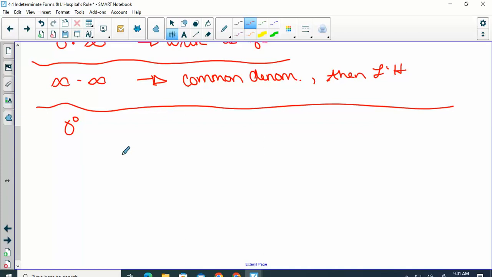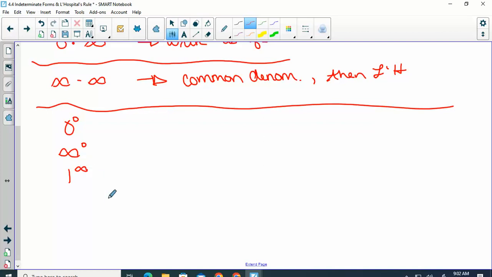The second one, infinity to the 0. Okay, we know infinity to any positive power is going to infinity. But something to the 0 power is going to 1. So this is kind of contradictory again. We don't know what that's going to turn into. The final one is 1 to the infinity.